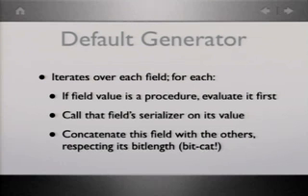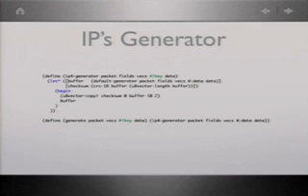Then the value is converted to binary using that field's serializer, and that binary is appended to the outgoing buffer using the bitcat library, the bitstring concatenator. Is that legible? Yep.